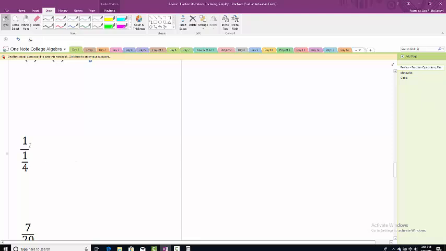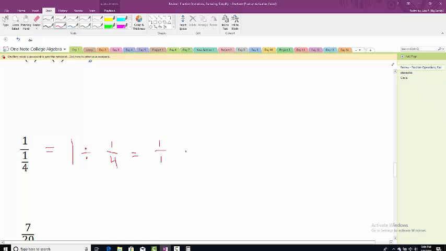This one right here is 1 divided by 1/4, and we're using a fraction bar. So that's 1 divided by 1/4. This is also very easy, super simple. The first fraction we keep the way it is, but I'm going to write it as a fraction. 1 can be written 1 over 1.